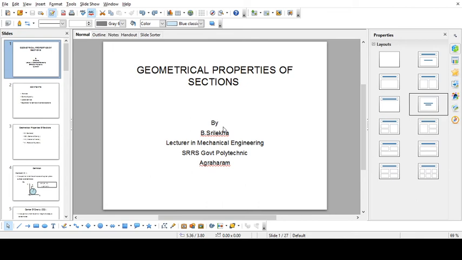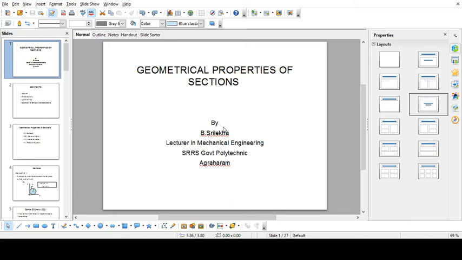Now x bar is equal to sum of ax by sum of a, where sum of a is the total area of the composite figure, the sum of the individual areas, x bar is the distance of the centroid from the y-axis, and summation of ax is the sum of the products of the areas of each component and its respective centroid distance from the y axis.